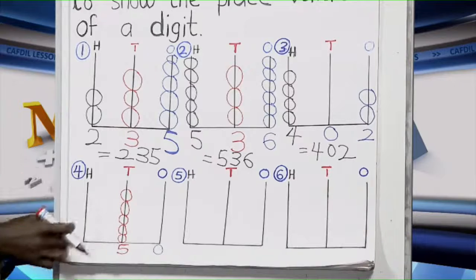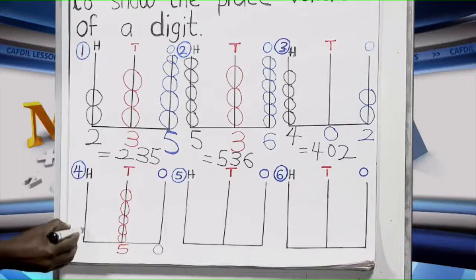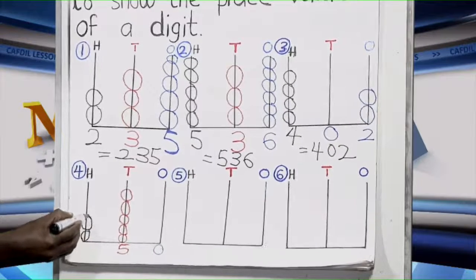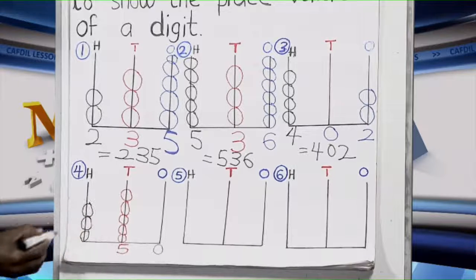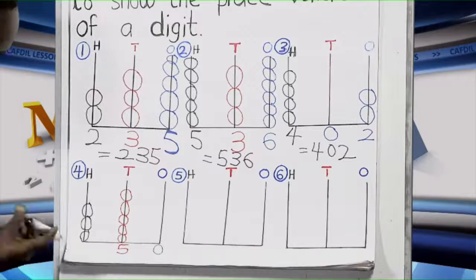For the hundreds column, let's have 1, 2, 3. So we have 3.